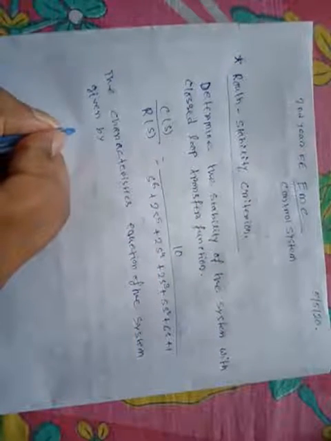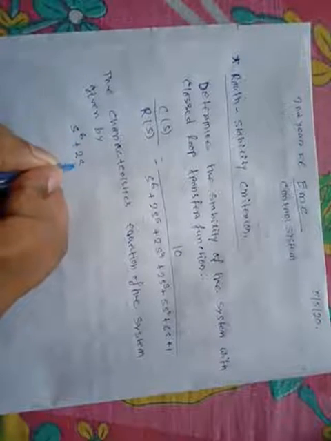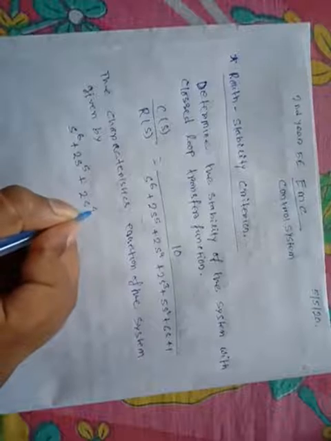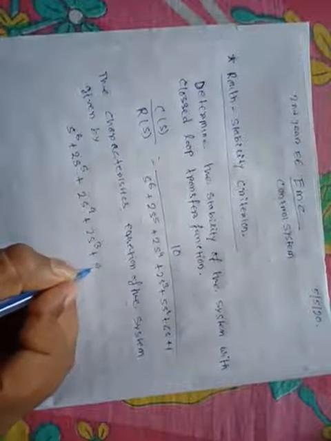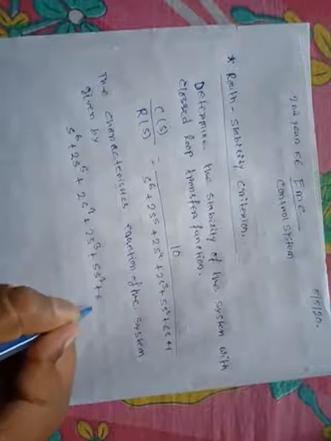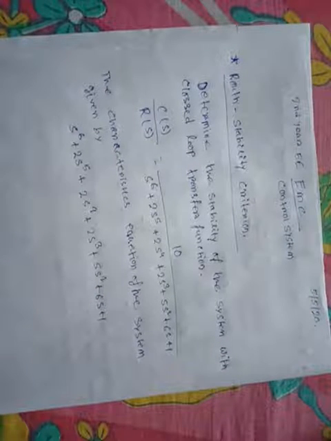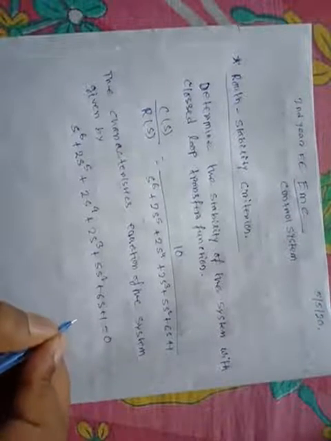The characteristic equation is s to the power 6 plus 2s to the power 5 plus 2s to the power 4 plus 2s cubed plus 5s squared plus 6s plus 1.